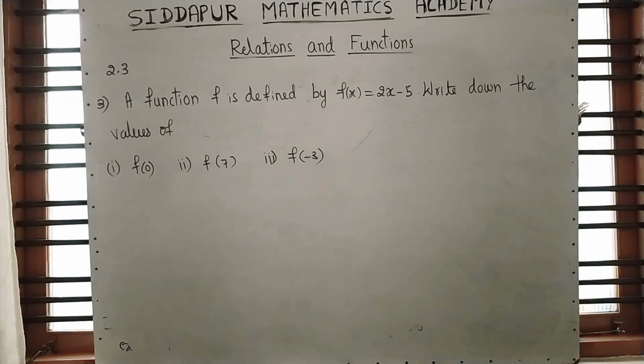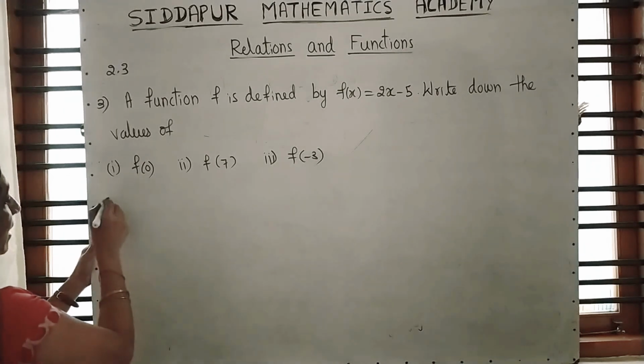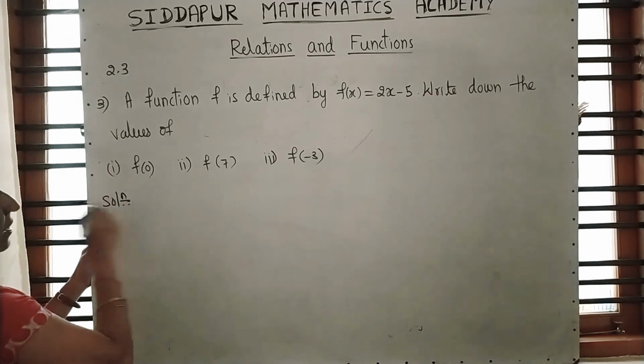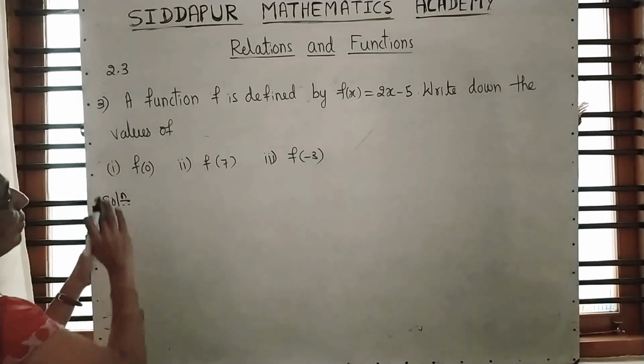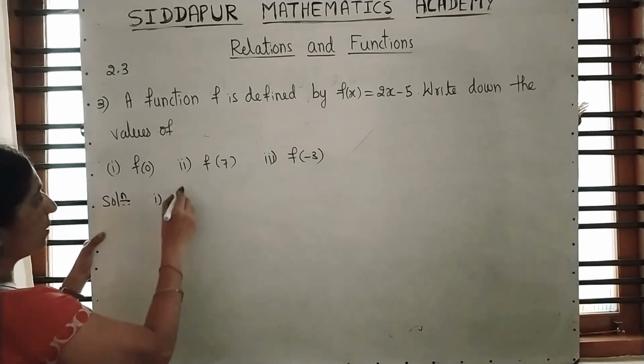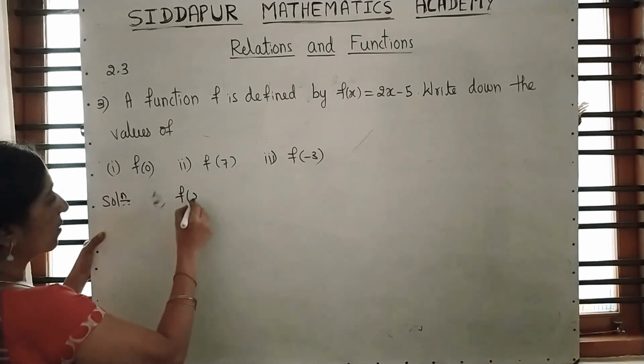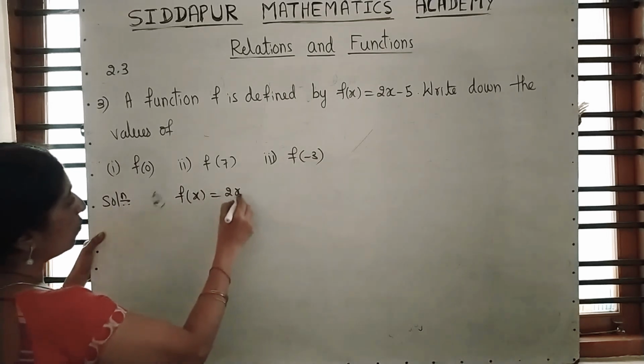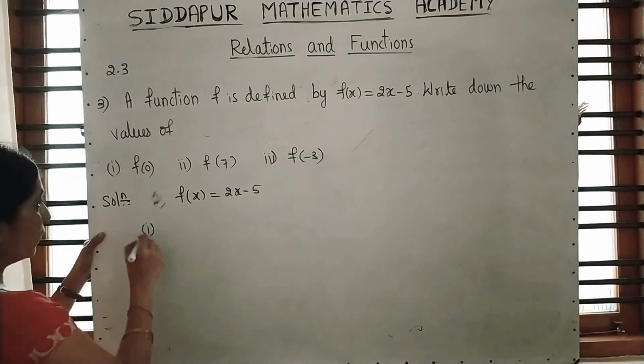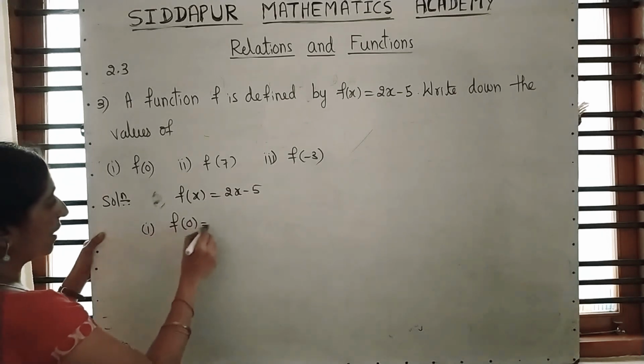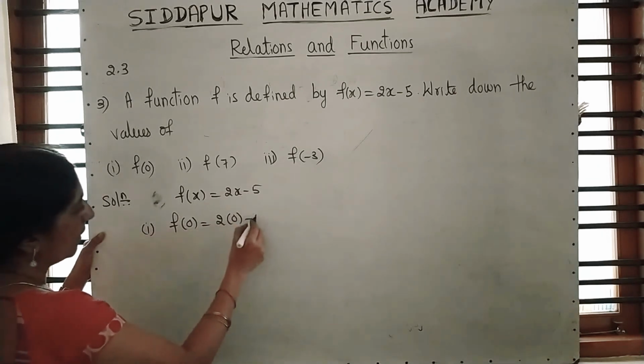See, moving to the next question, a function f is defined by f of x is 2x minus 5. Write down the following values. First one is, see, first write down f of x. What is f of x? 2x minus 5. First one, f of 0. Wherever x is there, replace it by 0.